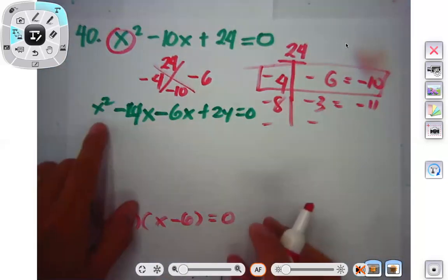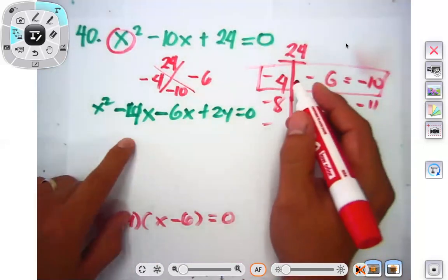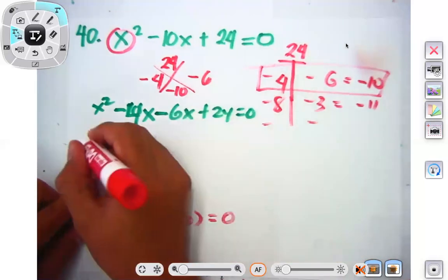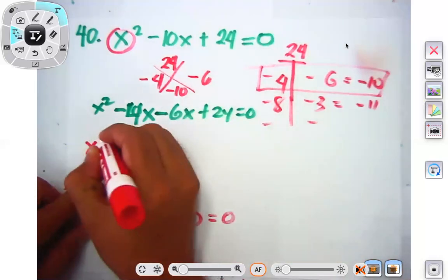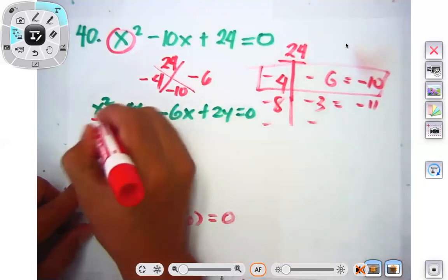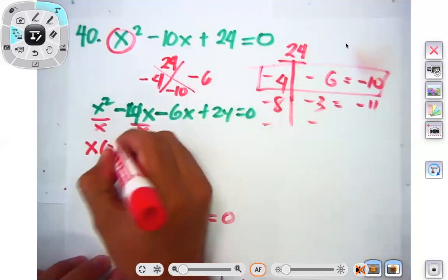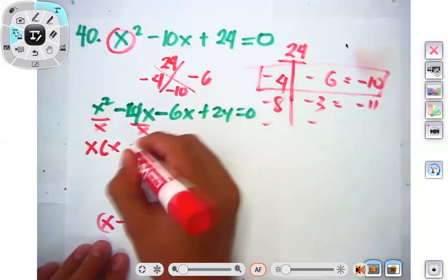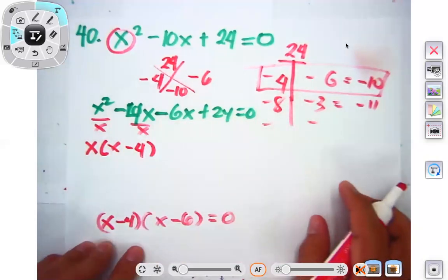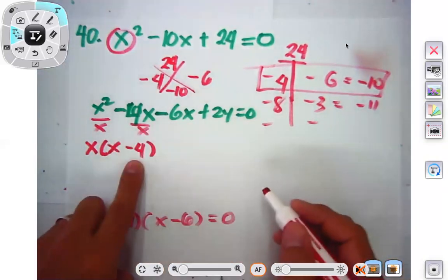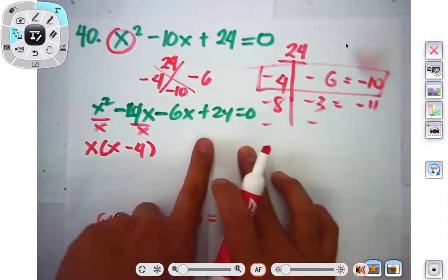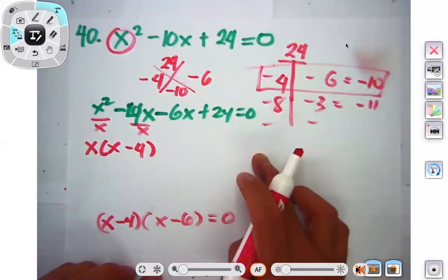What's the GCF of x squared and 4x? It's x, all right, it's x. And let's divide this by x. x squared divided by x is x, negative 4x divided by x is negative 4. All right, so we have x minus 4 here. We expect that the other factor here is also x minus 4.